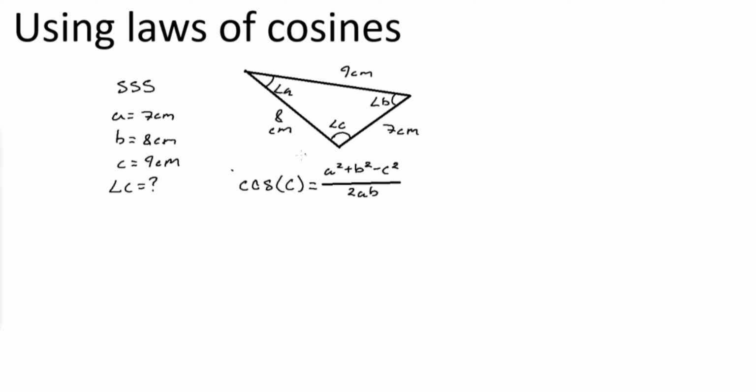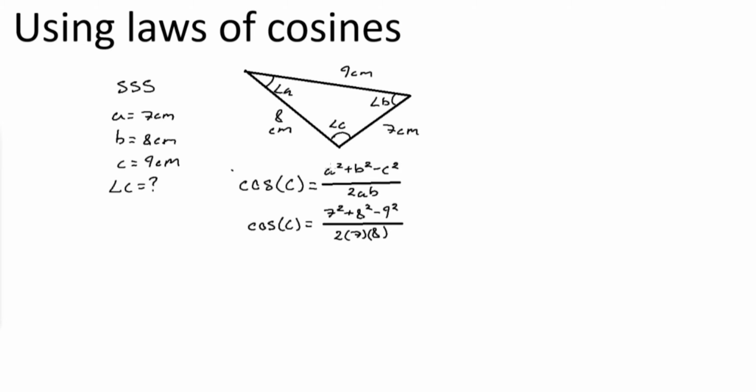Alright, so we can rewrite this as cosine of angle C is equal to, well, we know A is equal to 7, so 7 squared, plus side B is 8, so 8 squared, minus C, and we know C is 9, so minus 9 squared. And then we divide all that by 2ab, which is 2 times 7 times 8.